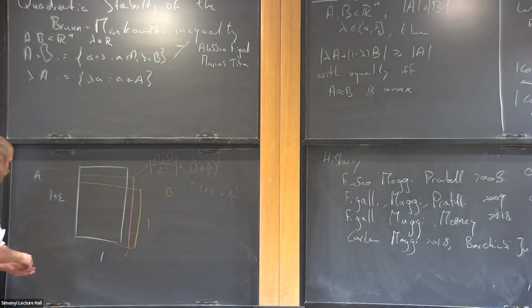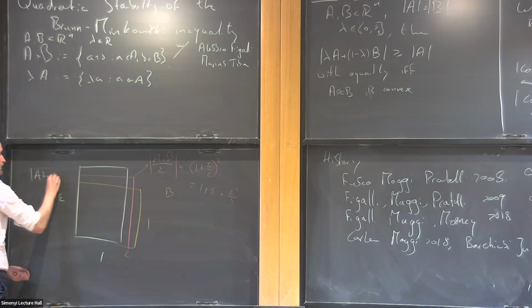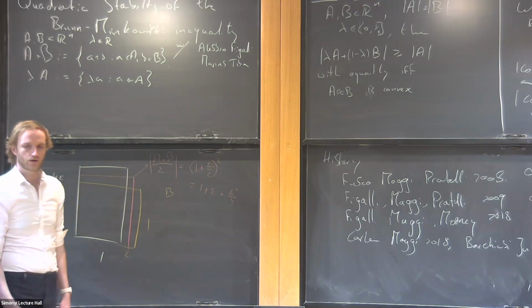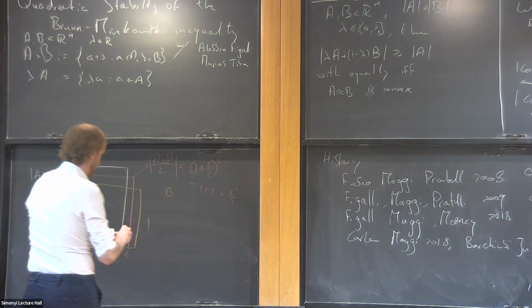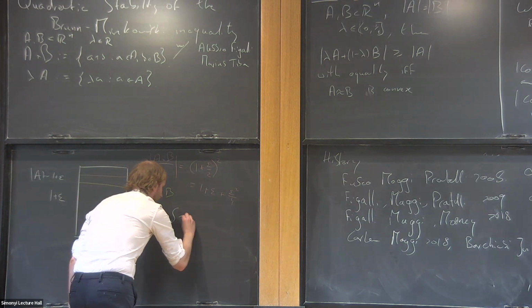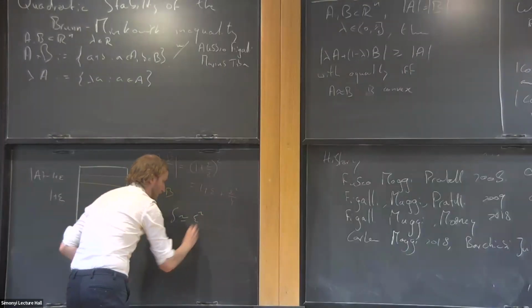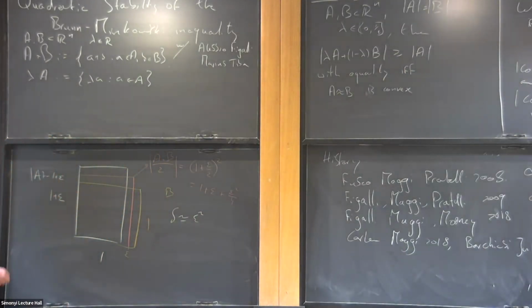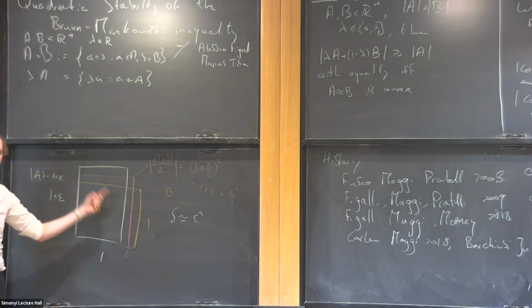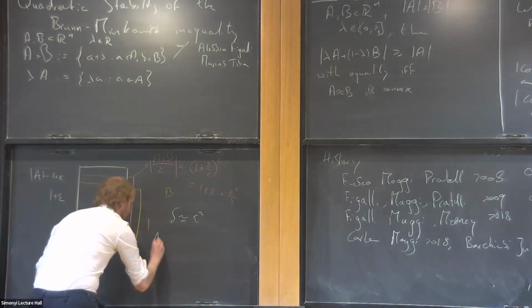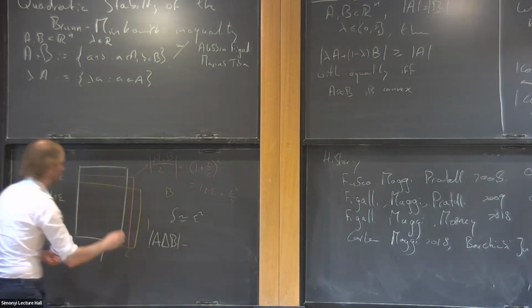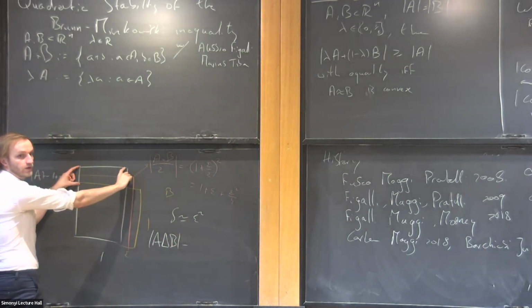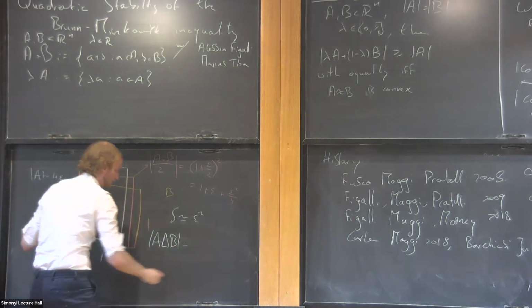Now, of course, A and B just have size 1 plus epsilon. So really, the delta that I'm going to find is going to be of the order epsilon squared. But if you think about the symmetric difference between A and B, it's going to be of the order what happens in these strips.